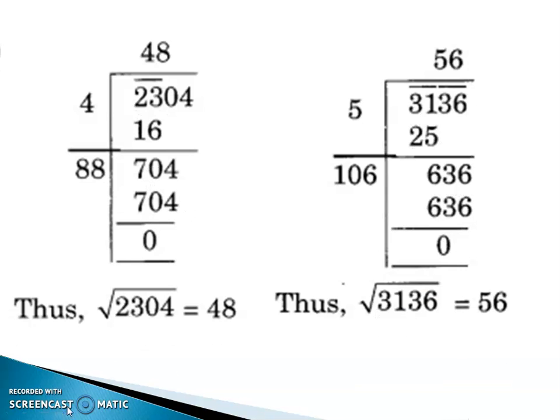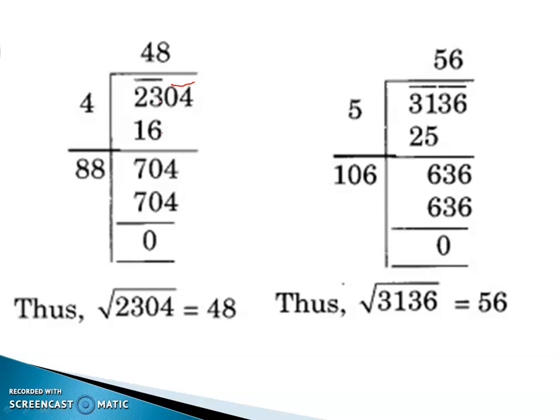Let's see one more problem. Here 48, 56 are there. You can go through this, how we are getting the problems. Here, which is the first pair? We'll start pairing from the units: 04 and 23. Which is the nearest perfect square number? Students, I am not asking you which is the nearest number.